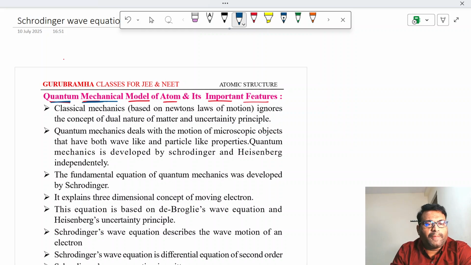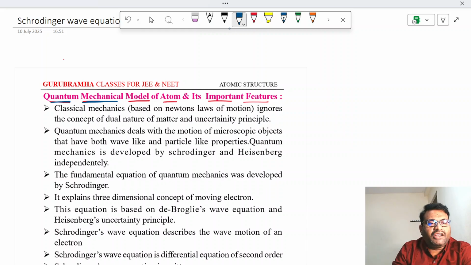There is no path around the nucleus, and the concept of probability came into existence. So there will be only probability of finding an electron around the nucleus, but there is no trajectory or a definite path around the nucleus.